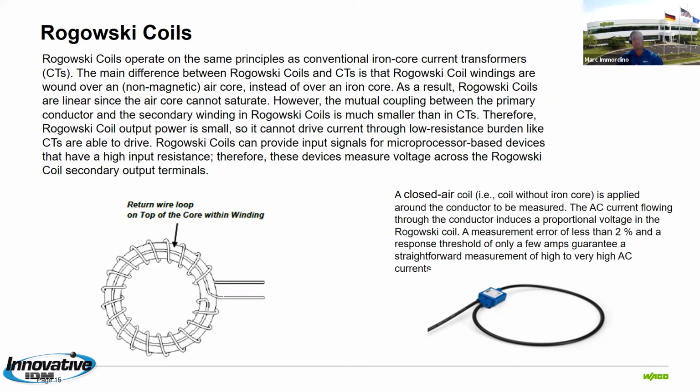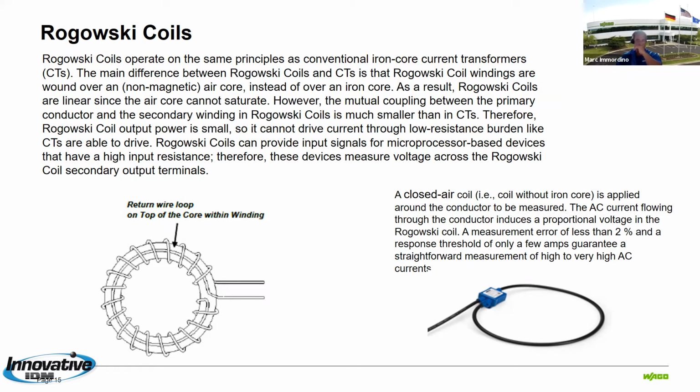It's similar technology, but it's a lower current rating. So again, that's a benefit, but it also can be a drawback. You have to make sure the Rogowski coil signals go to microprocessor based devices or devices specifically designed for Rogowski coils.